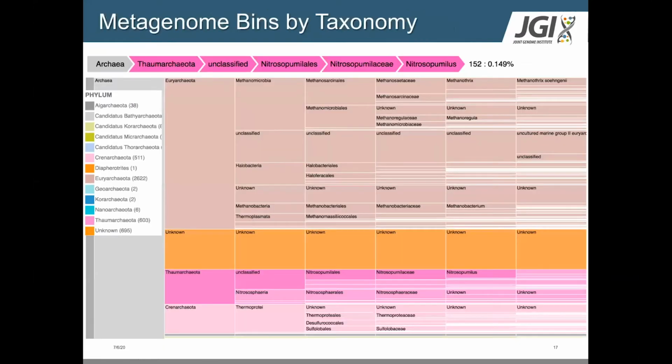So here's just a screenshot of what it looks like. I'm showing a screenshot where I've navigated down to 152 metagenome scaffold bins assigned to the genus Nitrosopumilus under the Thaumarchaeota. And you can click on this number and it'll retrieve a list of all those bins, along with a lot of information about the content of those bins and the CheckM statistics.